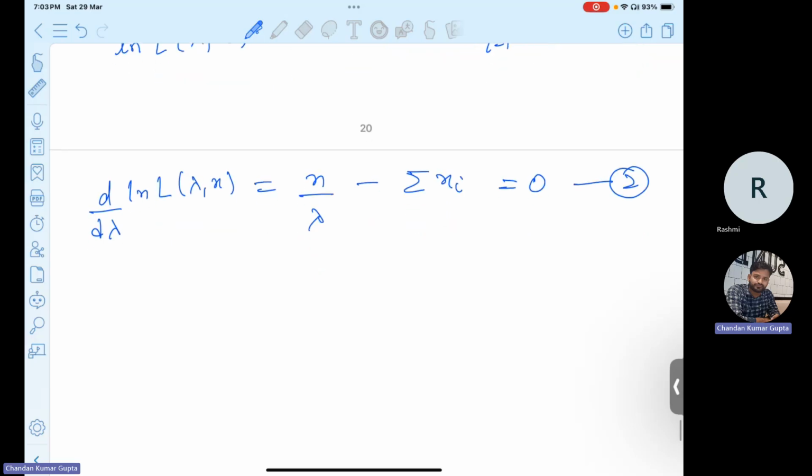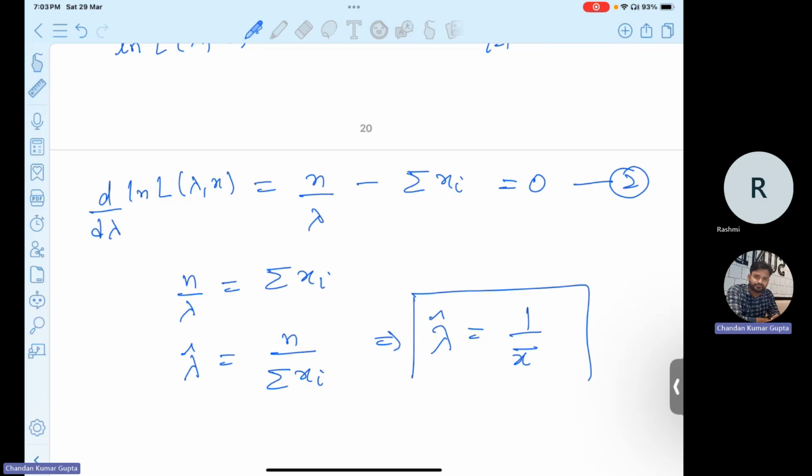Now to solve this equation, since we have only one parameter, we can solve it: n by lambda equals the summation of xi, then lambda cap equals n upon the summation of xi, which is 1 upon x bar.